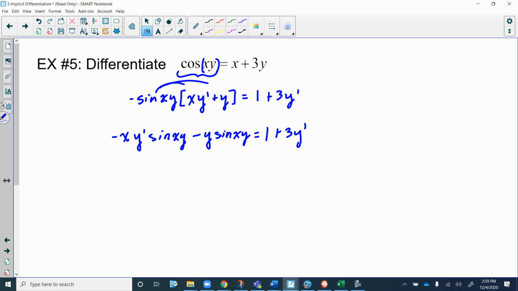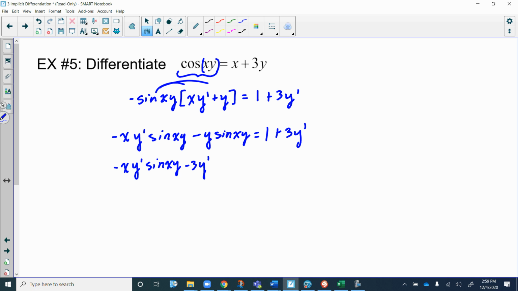So now we have the y prime terms on two sides of the equal sign. So we need to isolate them on one side. So I'm going to have negative x y prime times the sine of xy. Bring the 3y prime over through subtraction, and it'll be minus 3y prime.